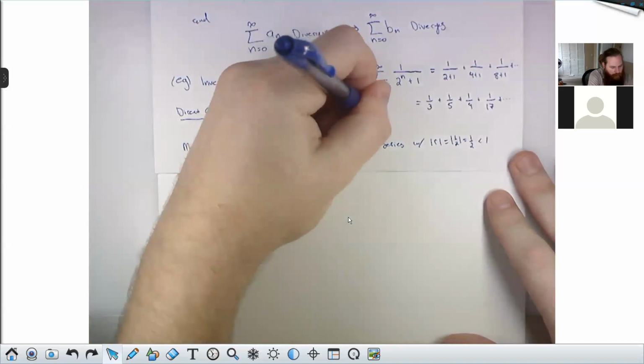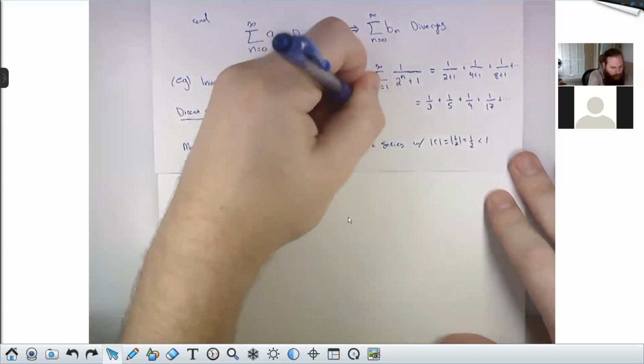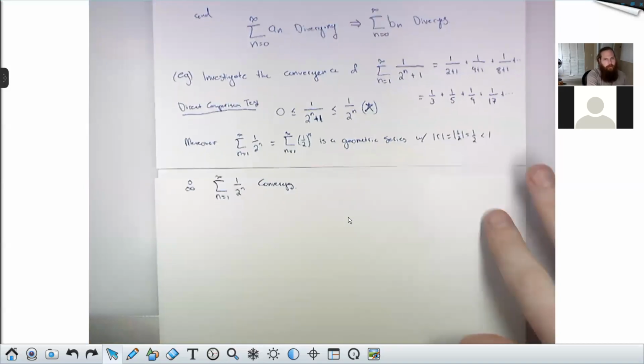Now I like to come back here and name this inequality so I can refer back to it. I name it by just putting a little star next to it.